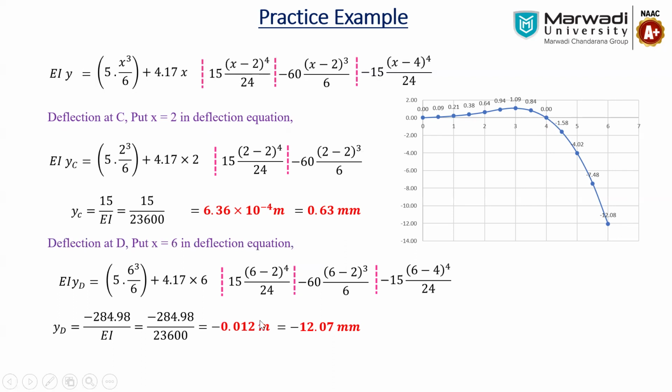You can compare the deflection at D, which is minus 12.07, and here also you are getting almost the same. So this is nothing but the deflection profile, or the deflected shape of this beam, which we can plot in a simple manner with this one equation.